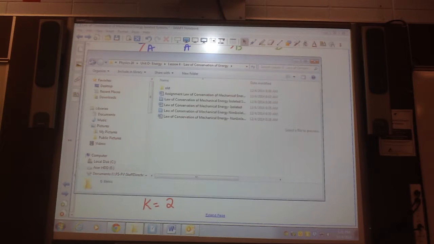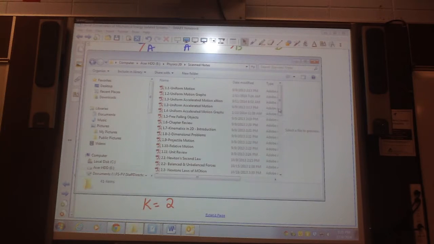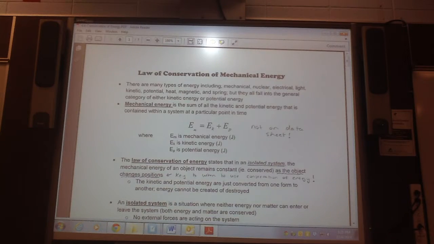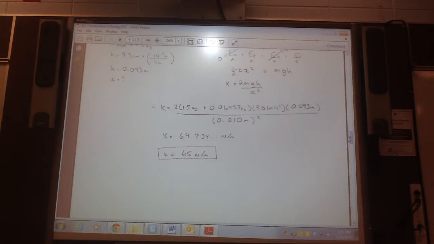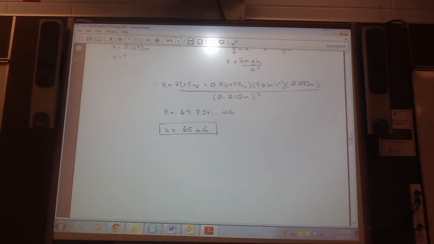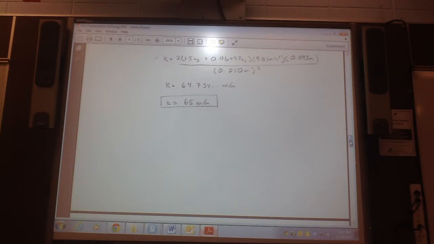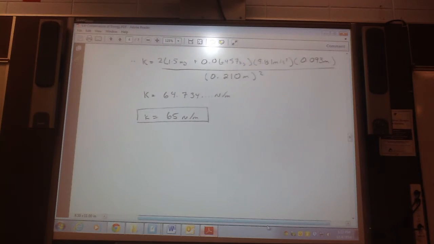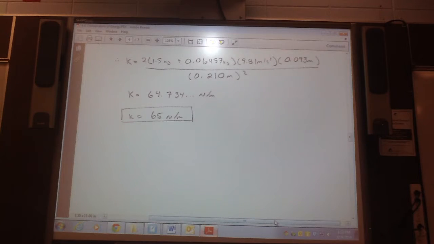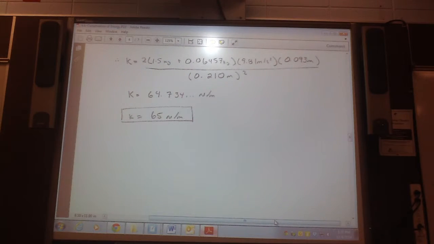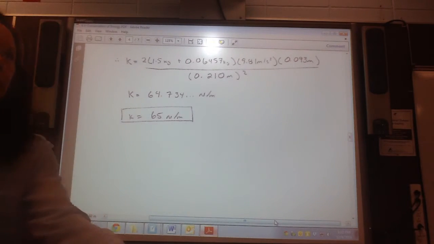I just want to double check this. So we have to add our masses together: the mass of the ball plus the mass of the pendulum, because they're both swinging up.